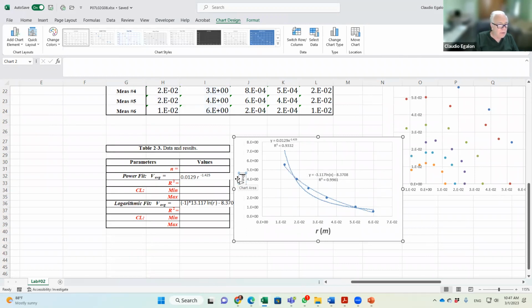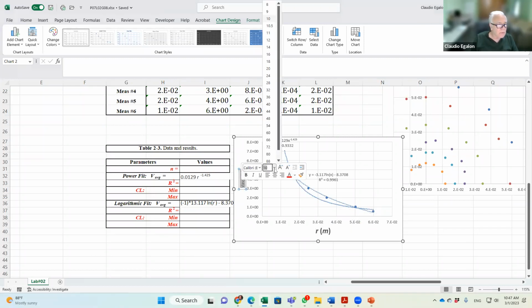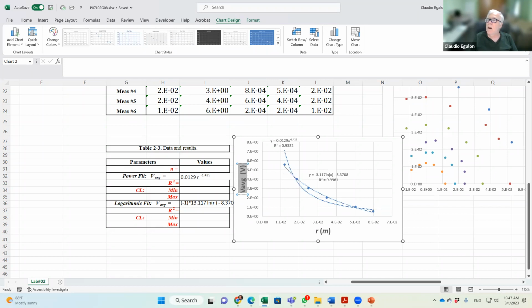B AVG between parentheses, volt. What is the font size, 18, 16? Average.